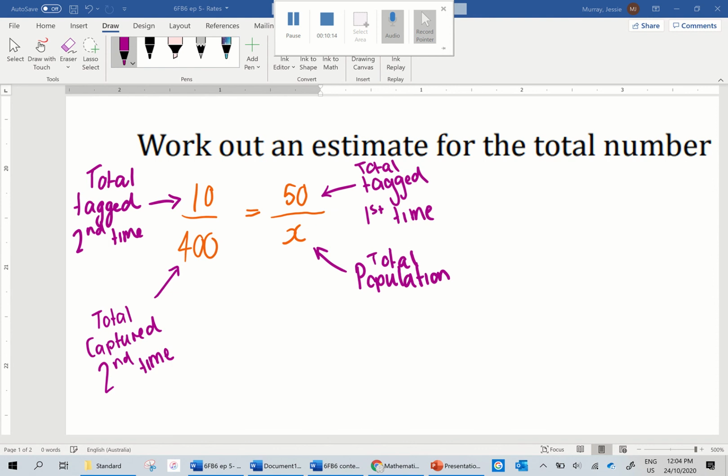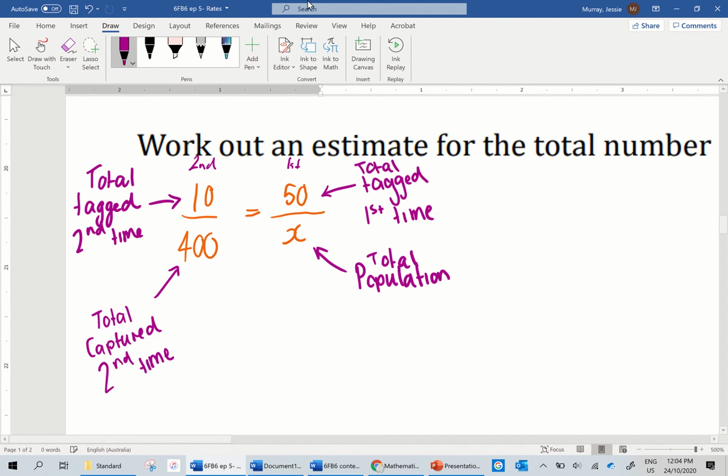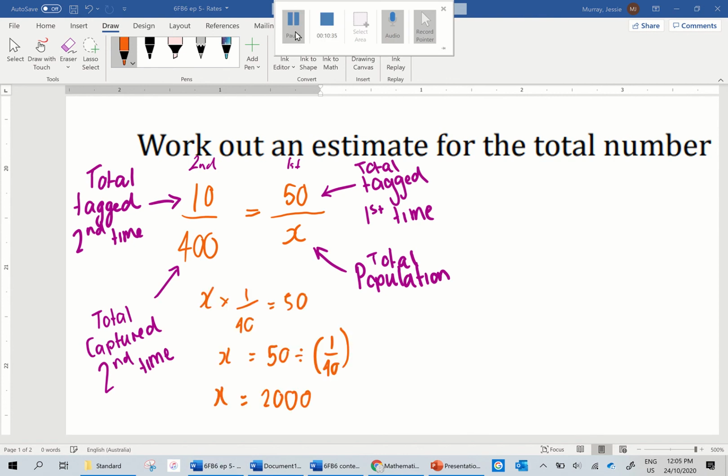But it'll always be in this form. So it's always the second time on the left, and then first time on the right, and population on the bottom, okay? So if you stick with that little formula, it'll work every time. But again, it's just something else you're going to have to remember. So all it becomes now is just like above, rearranging a scale factor question. And there we have it, okay?